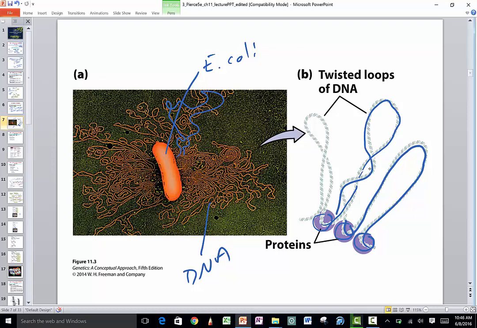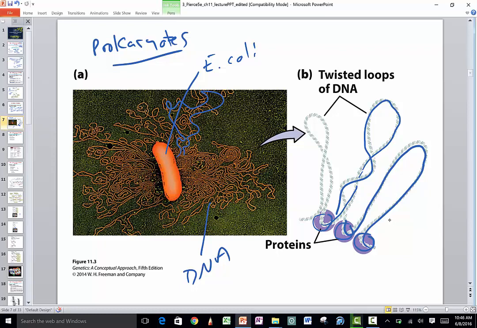So these are prokaryotes. The idea here is that the DNA is packaged into the cell, but it's going to be a different mechanism than in mammalian cells.